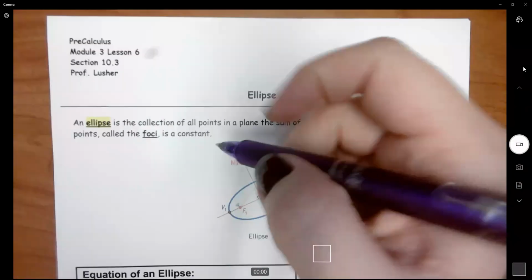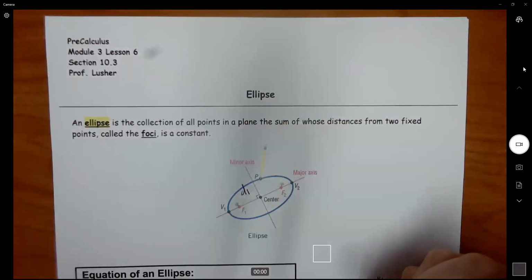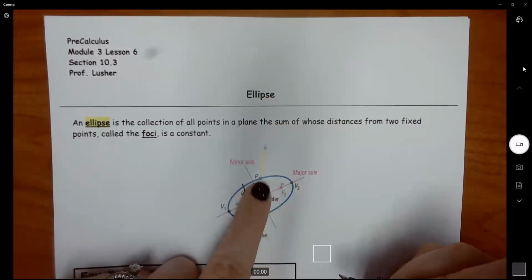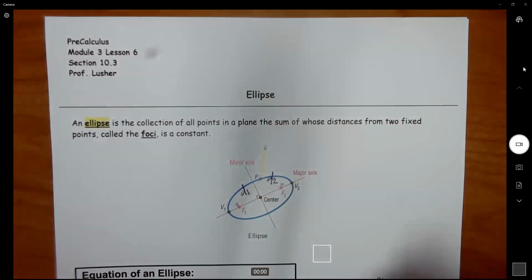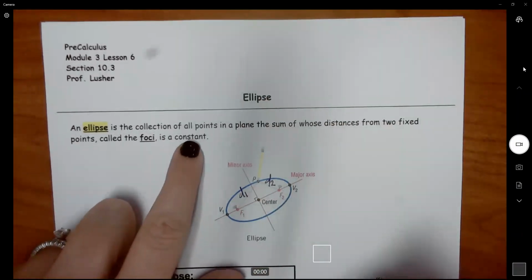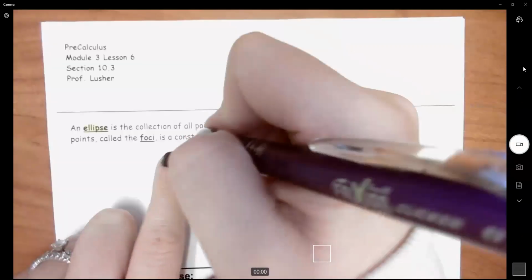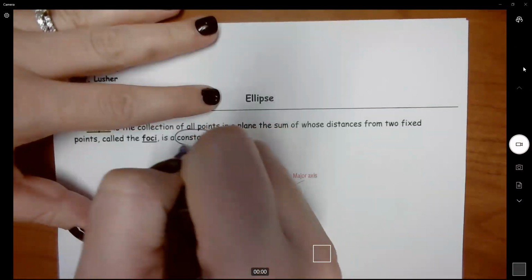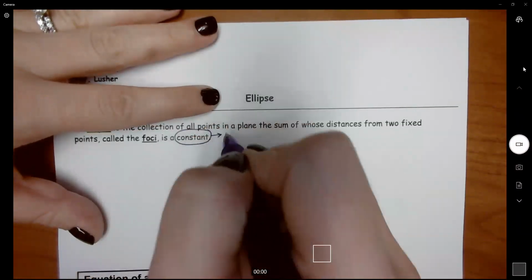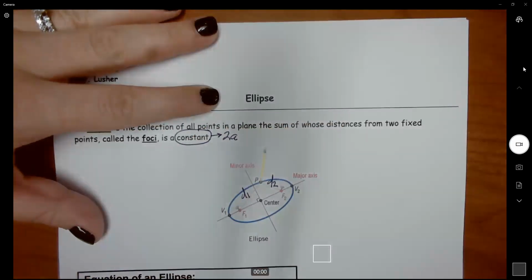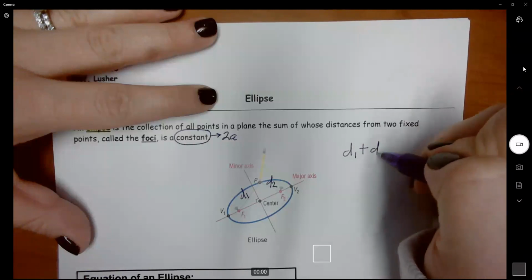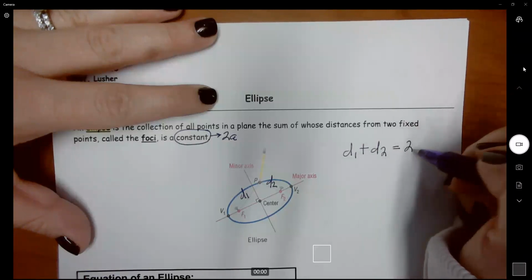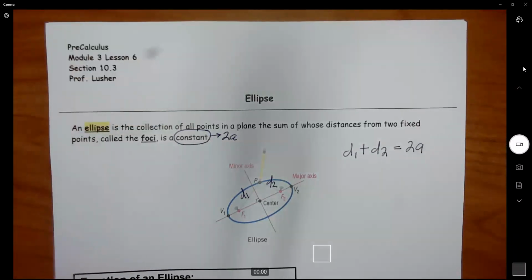This distance, if I called this D1, plus this distance here, let's call it D2, are going to be a constant distance, and that constant distance is going to be 2a. So if I did D1 plus D2, we would get 2a no matter where I am on this ellipse.